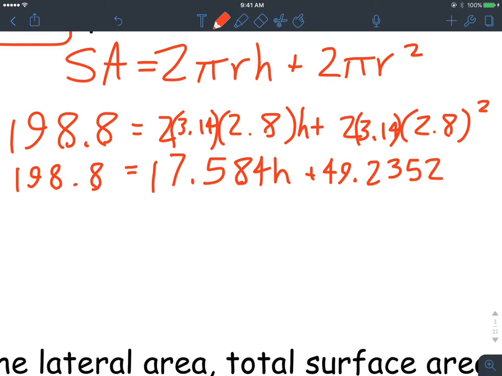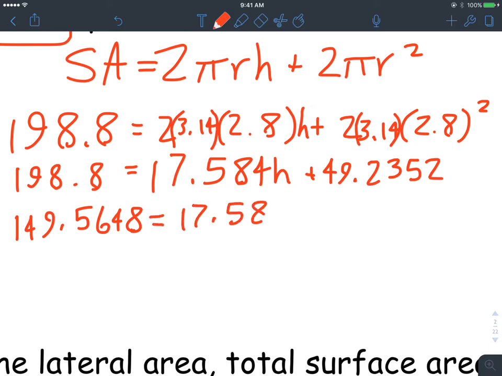So now we're just trying to get h by itself. It's just an algebra problem with a bunch of decimals. So we'll subtract this 49 from both sides. When you do that, you do get 149.5648, and then equals the 17.584h.